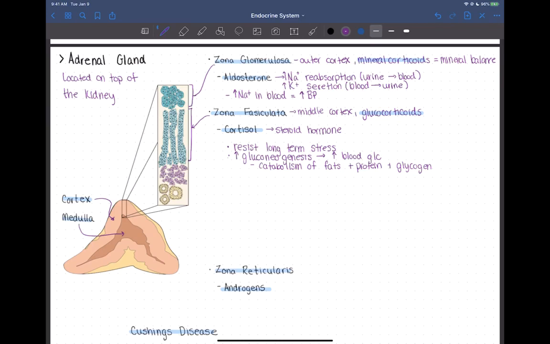Cortisol also increases sodium in the blood, which we just talked about will increase blood pressure, because remember, water follows sodium, so we'd have a higher blood volume, increasing pressure.